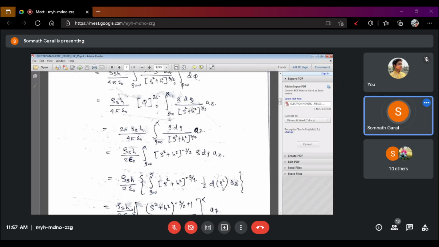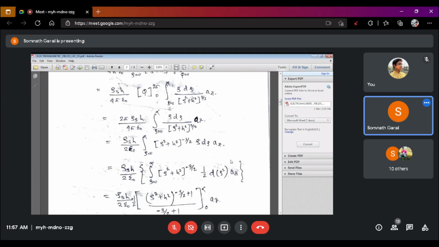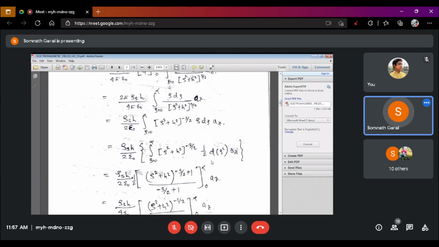So rho d rho will be half into d of rho square, right? Okay. Now we integrate with respect to rho square.